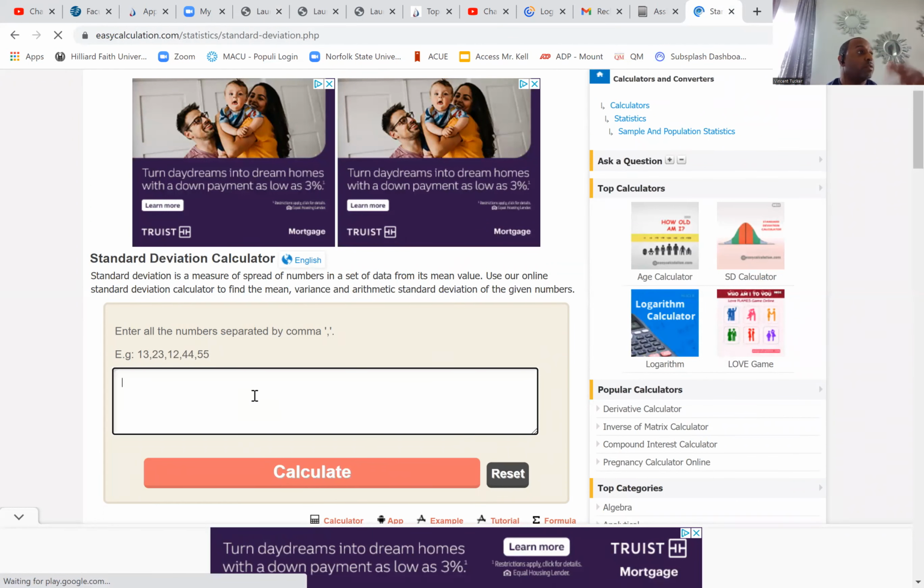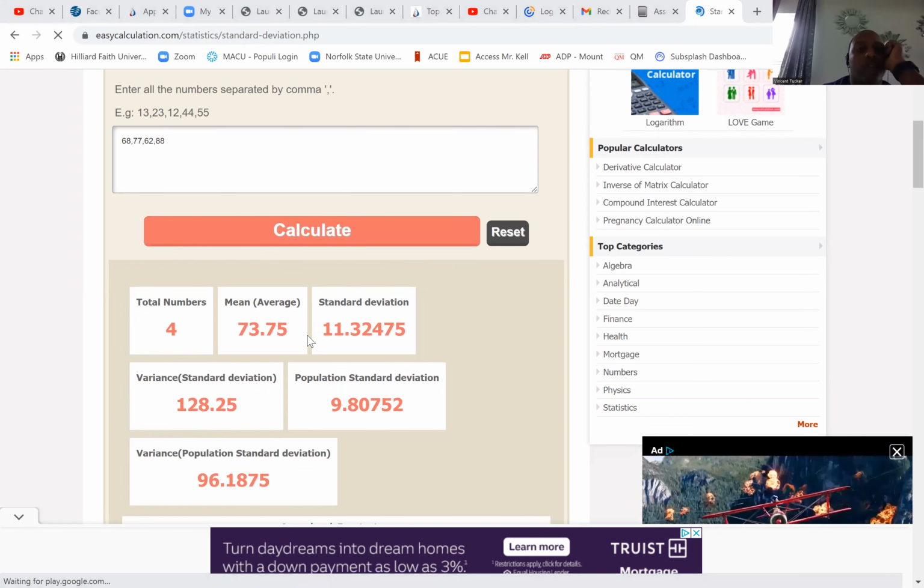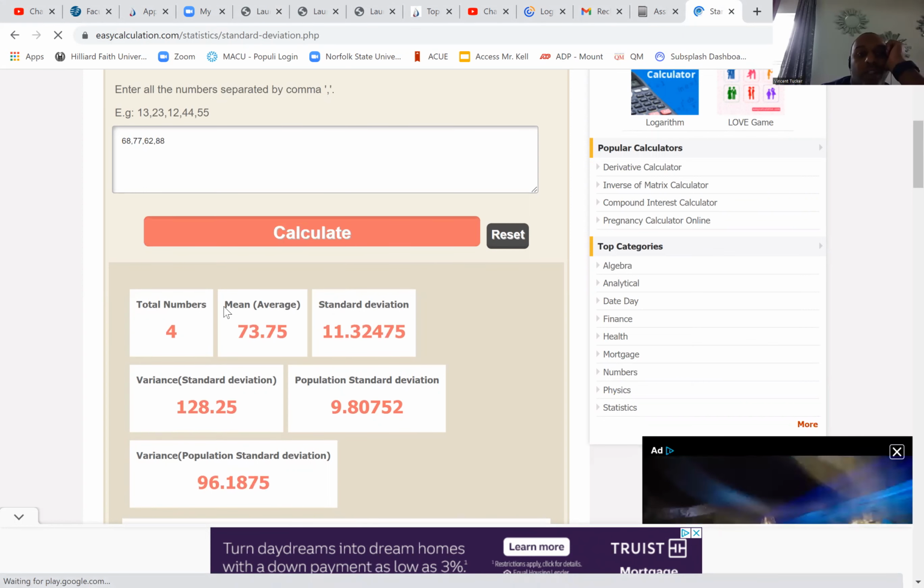And there go those numbers. All right. So notice this one actually gives you the mean, which is the average. This is standard deviation and variance.